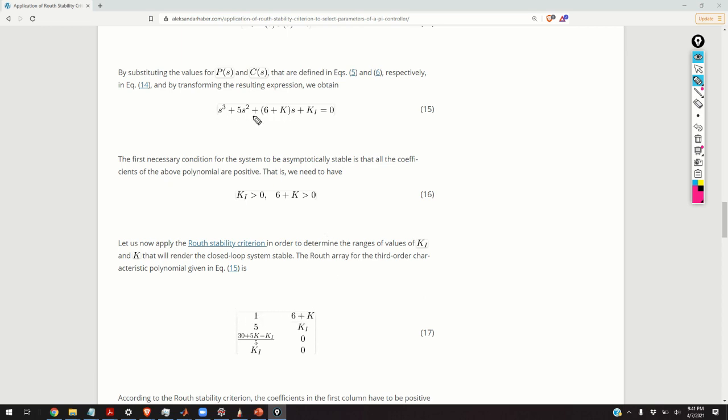Well, by looking at this equation, you select these parameters, and they will be in the first row. So the first row will consist of 1 and 6 plus k. How about the second row? The second row is also easy. The second row will be the coefficient multiplying s squared and this coefficient. So we will have 5 and ki.